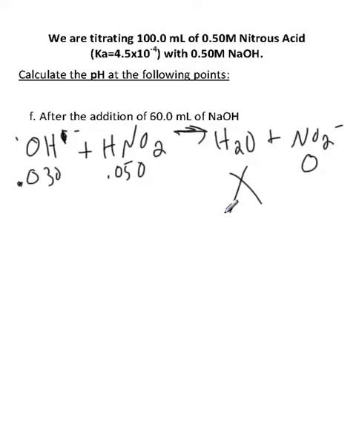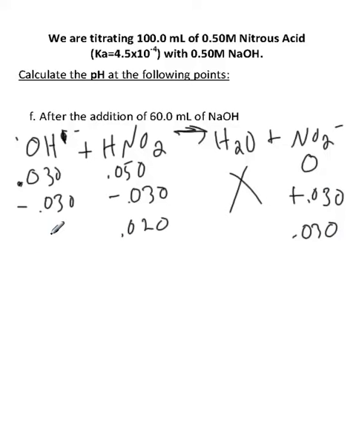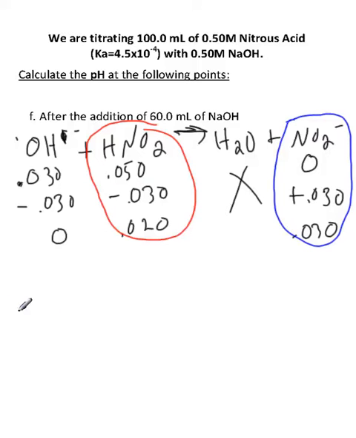None of the conjugate base yet, because again, we're pretending, okay, let's now dump 60 milliliters in all at one time. Every bit of the OH is going to react, so we're going to end up with the following ice table, 0.020 and 0.030.